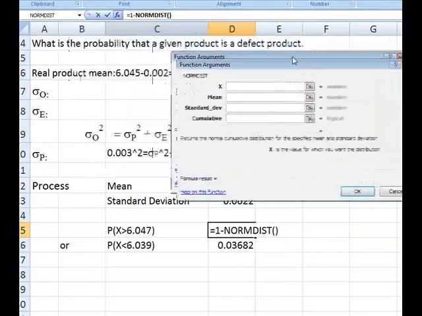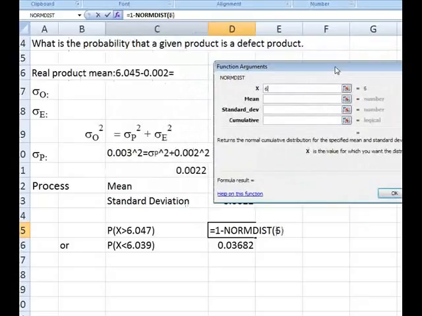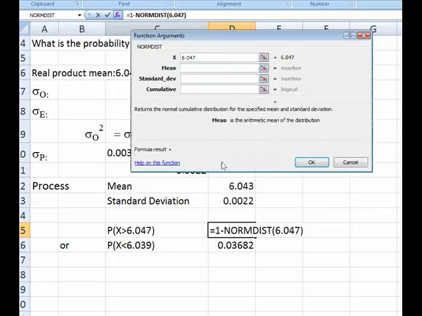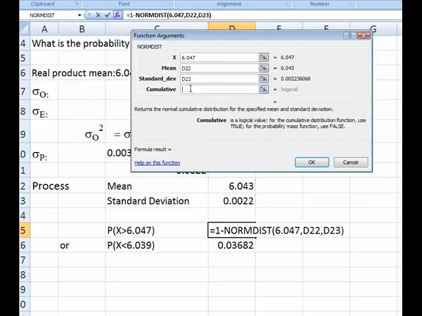So this is going to be 6.047. Again, for the mean I just click the mean, for standard deviation I just click standard deviation, and for the cumulative it's always 1. So I click OK.